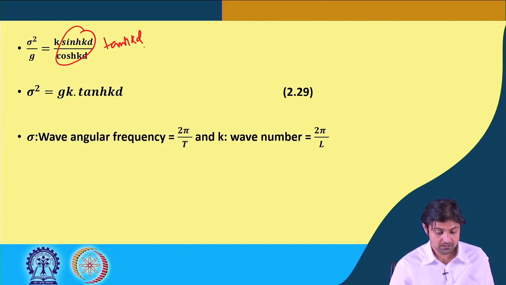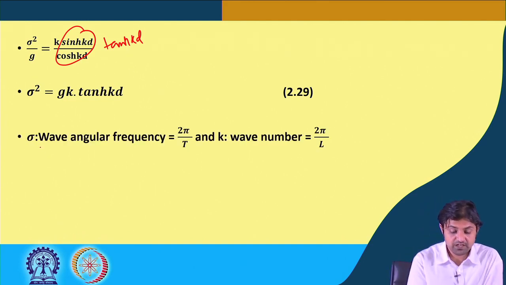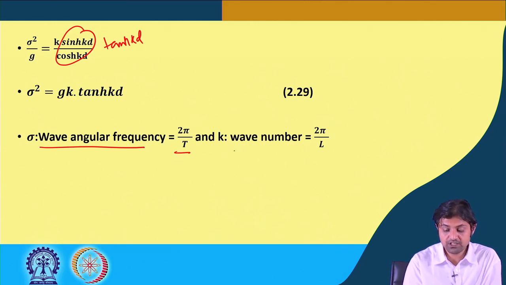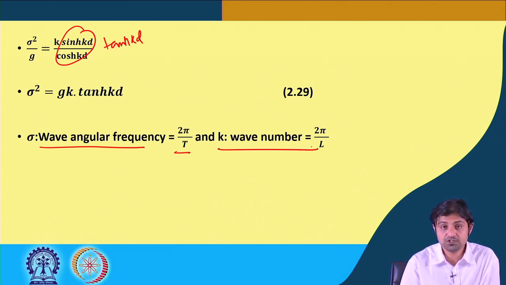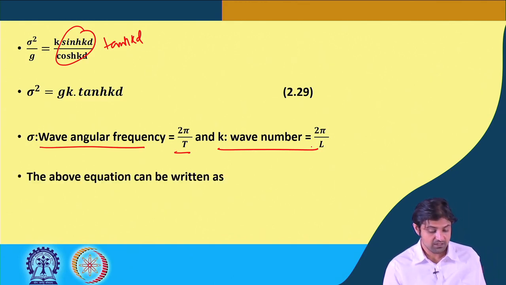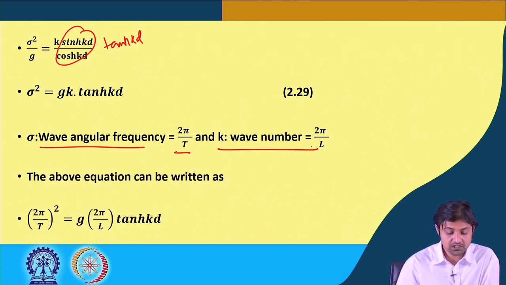All right. Here sigma is the wave angular frequency equal to 2 pi by T, and k is the wave number, which is equal to 2 pi by L, as we have seen before. This equation can be written as (2 pi by T) whole square is equal to g into 2 pi by L tan h k d.